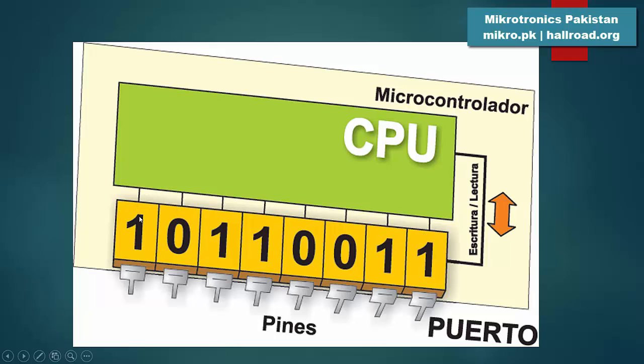Whenever you set a 1 in a bit, the corresponding pin sets to high, and whenever you set 0 to a bit, the corresponding pin turns to low or 0 volts. So inside the microcontroller, you set high and low in these register bits, and the corresponding pins get logic high or logic low, or 3.3 volt or 0 volt output.